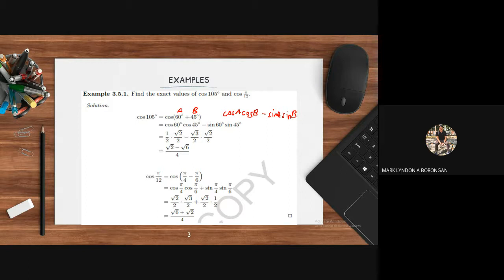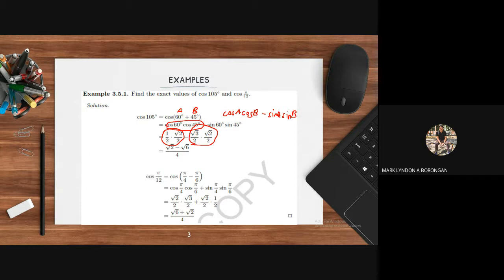Now, ang cosine sa 60 ug ang cosine sa 45 kay 1/2 og square root of 2 over 2. Imong i-multiply. And then, minus ang sine sa 60 ug ang sine sa 45, which is square root of 3 over 2 times the square root of 2 over 2.